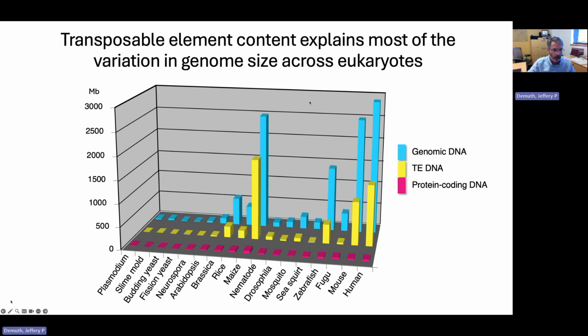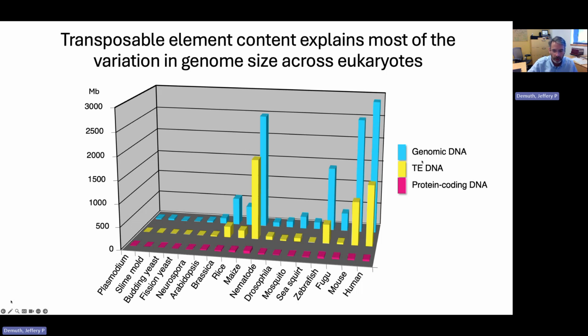So, right, human is roughly 3 gigabases, so 3,000 megabase pairs. Well, if you look at what explains how big a genome is, if you look at the protein coding content, you can see there's hardly any variation in the protein coding part of the genome compared to the tremendous variation in total genome size.